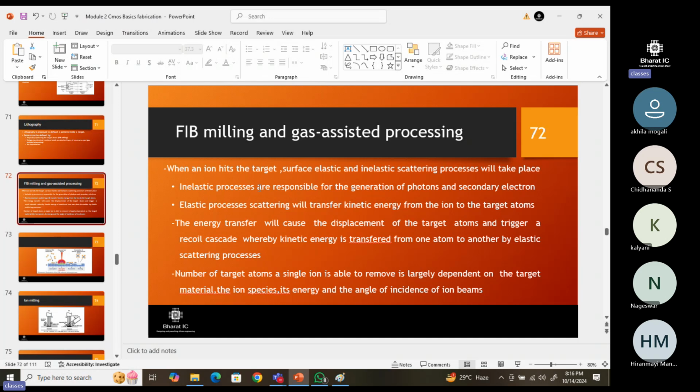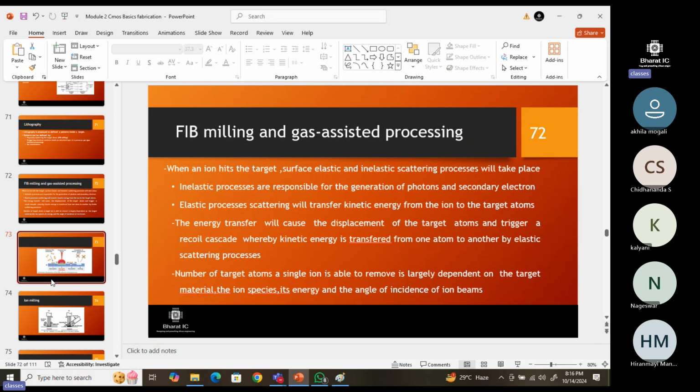Not Young's modulus of elasticity, that's the elasticity process, and inelasticity, I think it's in surface tension, viscosity, or kinematics. Elasticity and inelasticity. Okay. Inelastic processes are responsible for the generation of photons and secondary electrons. Just need to remember this.